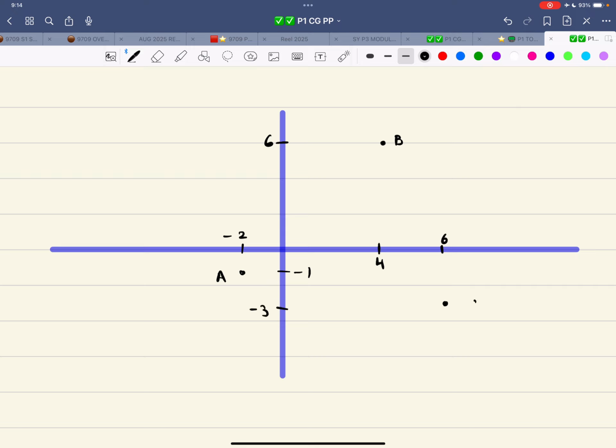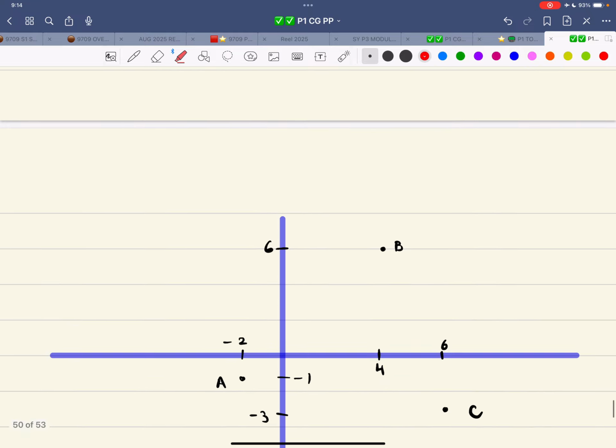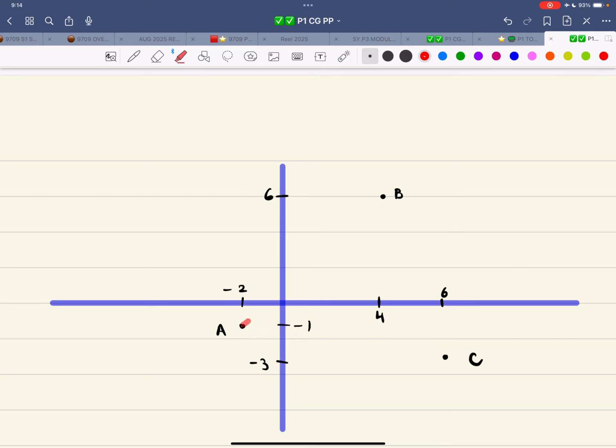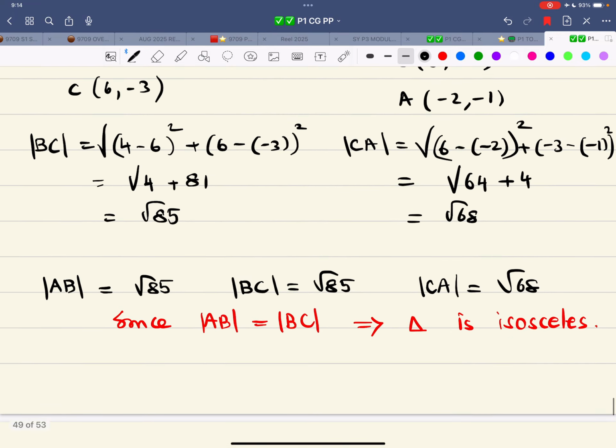This is C. So now this is just a rough diagram, and if I draw it like this, this is AB, this is BC, and this is the third one, that is AC. And this is what I have proven, that these two sides are equal. AB is equal to BC. Now how can I find the exact area?